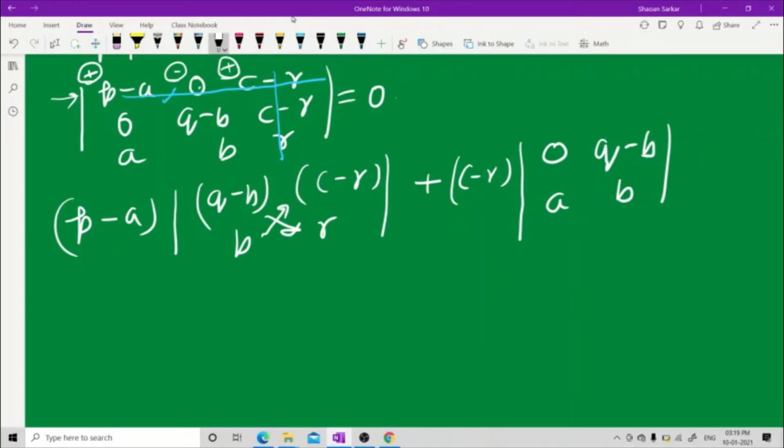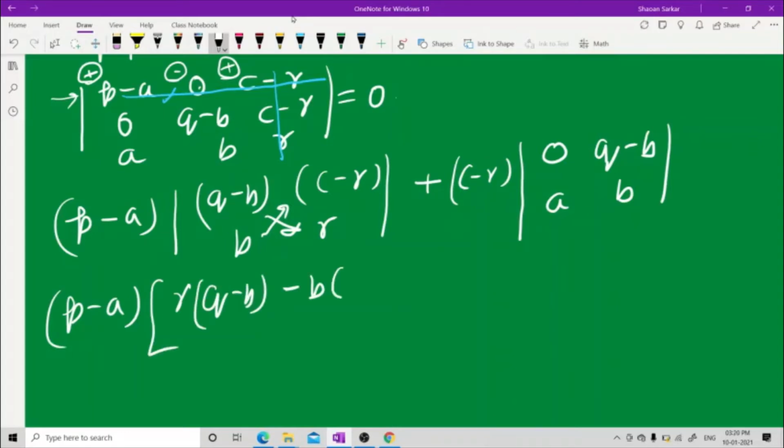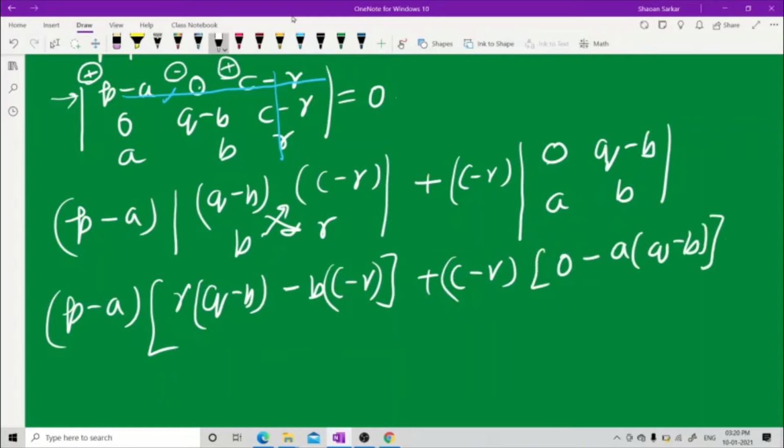So in this you will get P minus A times R, Q minus B minus B, C minus R, plus C minus R times 0 minus A, Q minus B. This will be equal to 0 because this is all equal to 0.